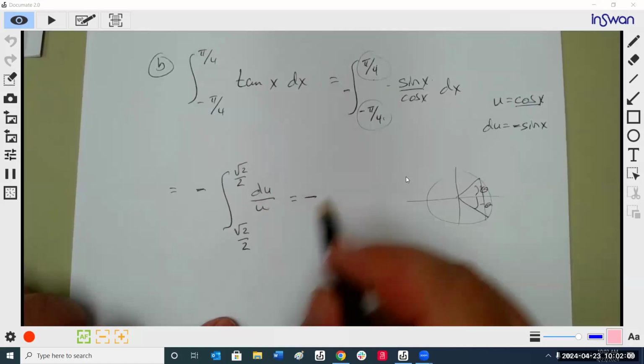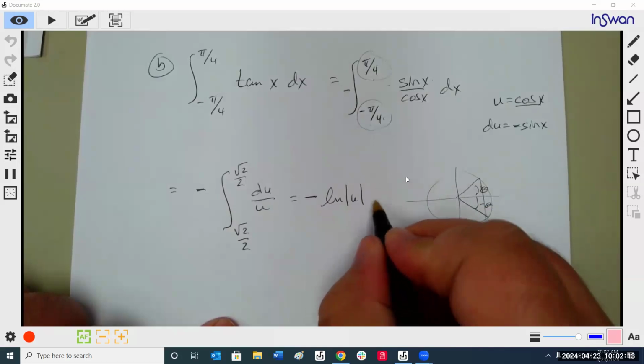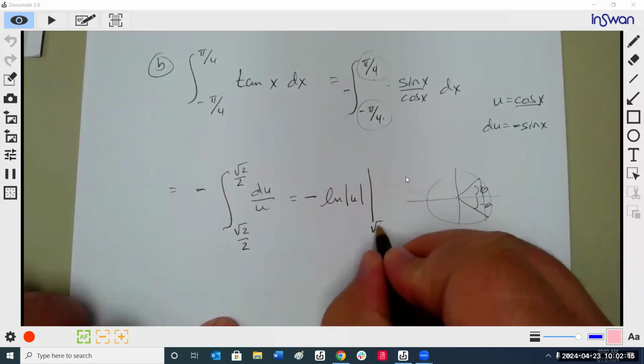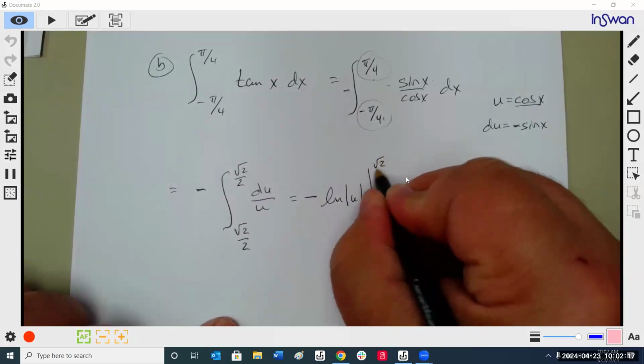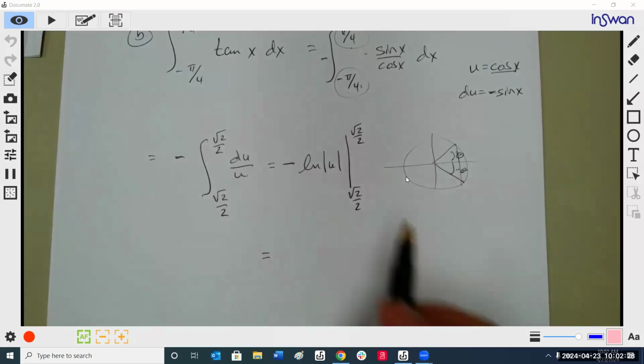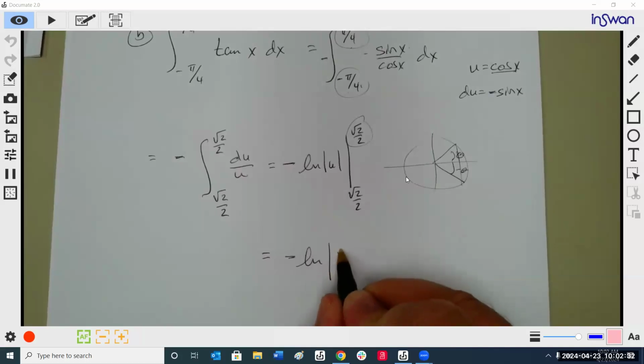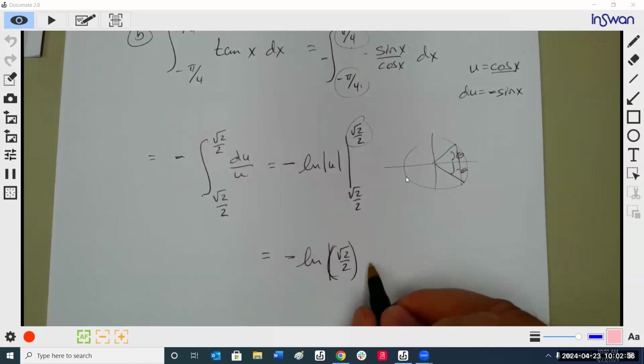Du over u is ln absolute value of u from radical 2 over 2 to radical 2 over 2. So we get negative ln radical 2 over 2. Like, that can't be negative, so it's okay.